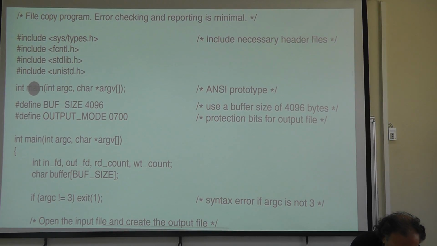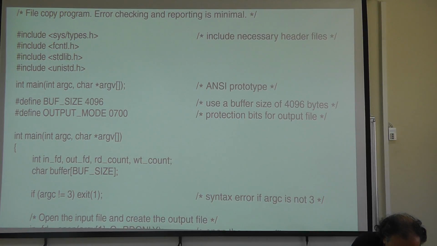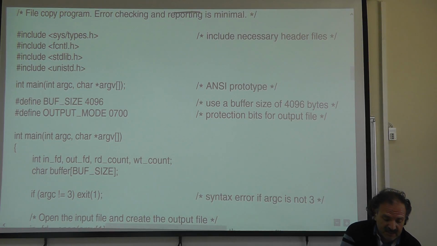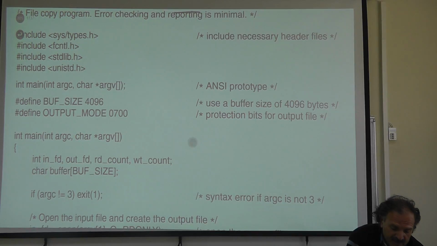So it's our main. We are going to use command line arguments. Okay, buffer size and output mode. That means our output mode is 0700. That means read, write, execute for the user, and 00 for the group and others.